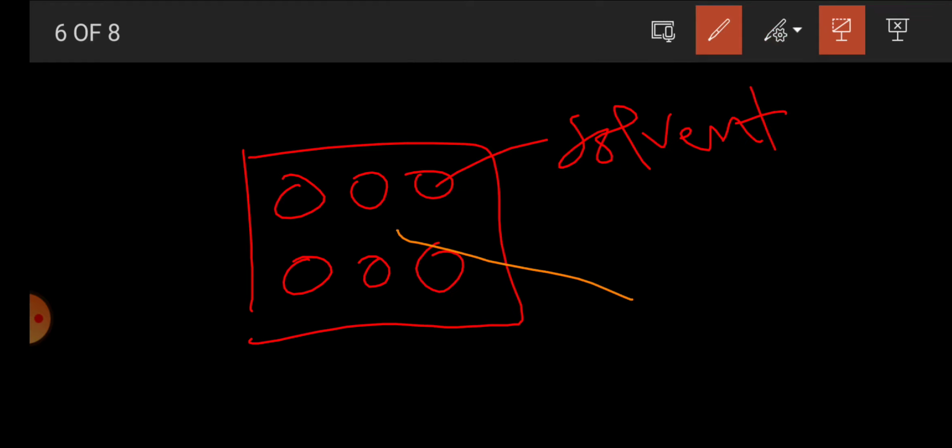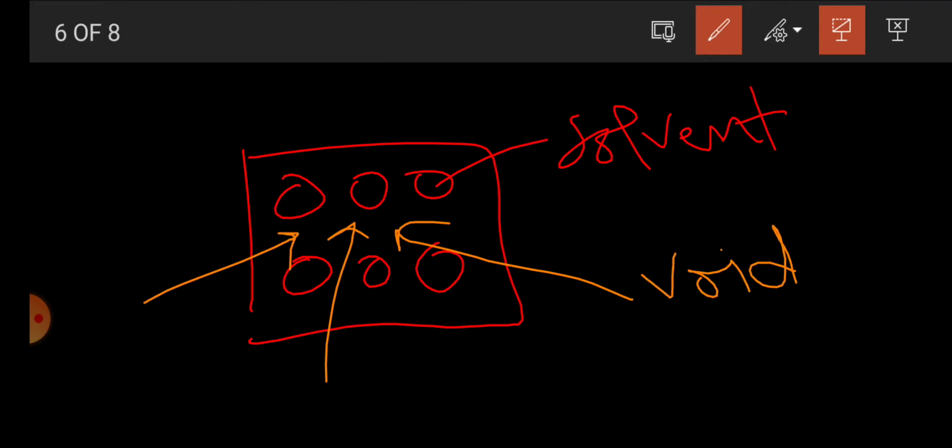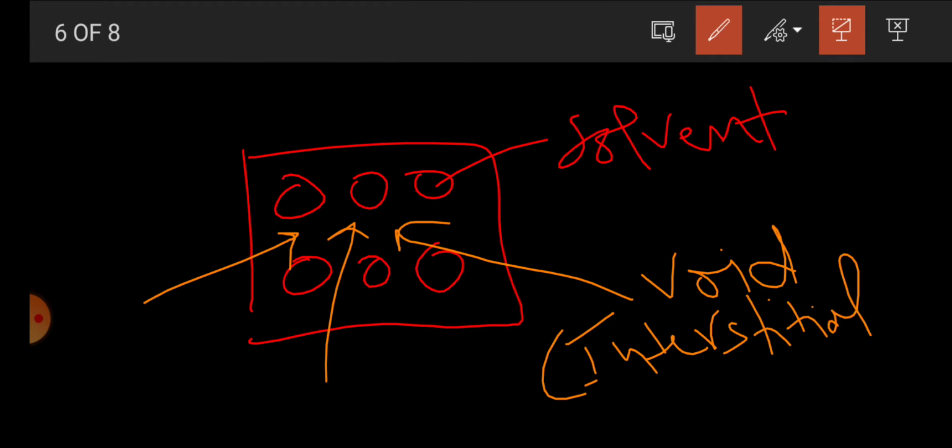These spaces are called voids or interstitial sites.